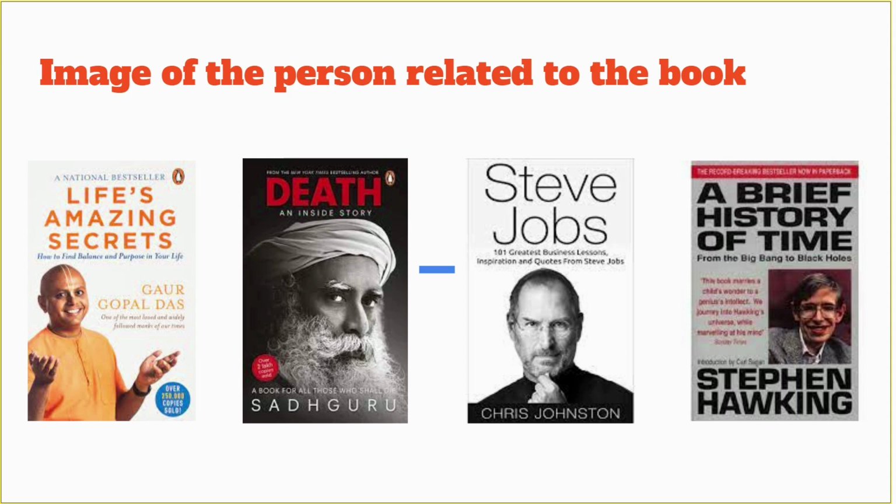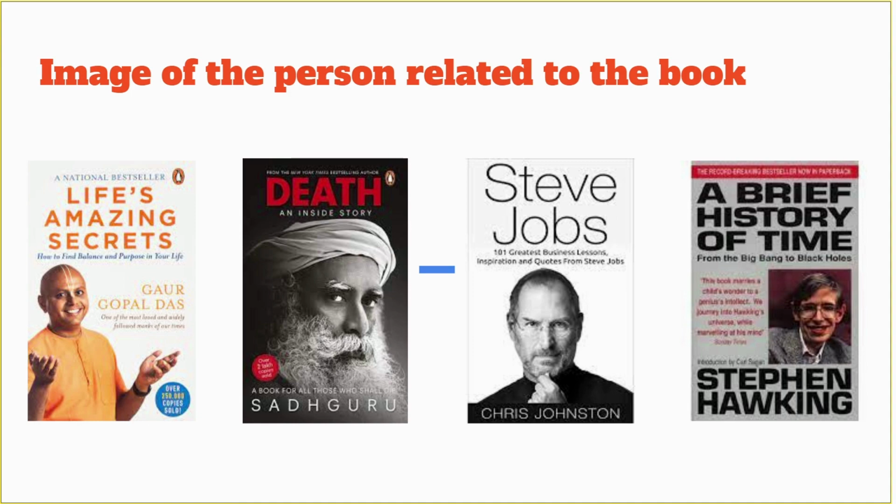So the image of the person is there either because that person is the writer of the book, or because the book is about that person. There's just a person, the title of the book and the writer's name. That's how you decide upon the category.